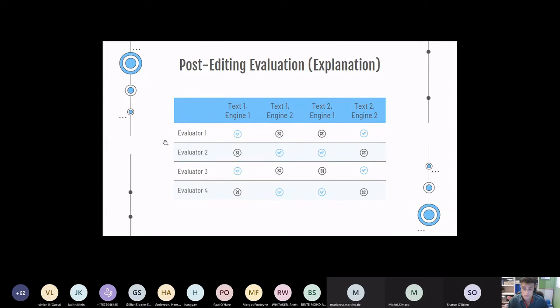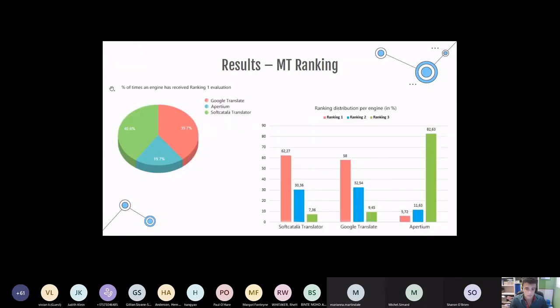This way, we changed it and put text 1 with engine 1 for evaluator 1 and text 2 with engine 2 for evaluator 1. For evaluator 2, we did the opposite, and put text 1 with engine 2 and text 2 with engine 1. This way, every evaluator did 2 different texts with 2 different engines. This was later mixed, and we obtained the results that I'm presenting right now.